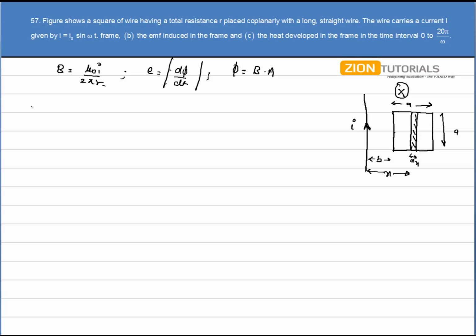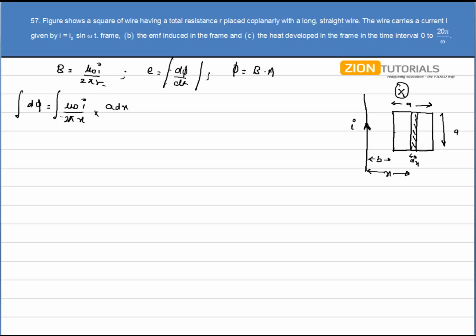So d phi, the small flux passing through this elementary width, is given by the magnetic field, mu naught I by 2 pi x, into area. Area is length into breadth, that is A into dx.